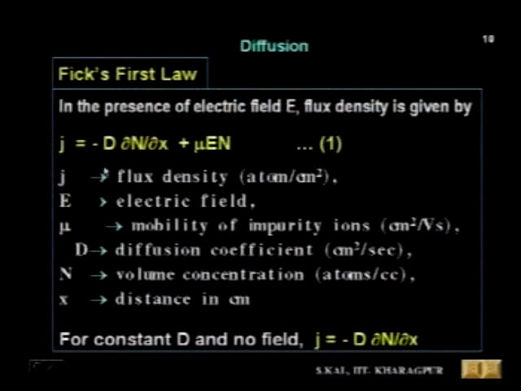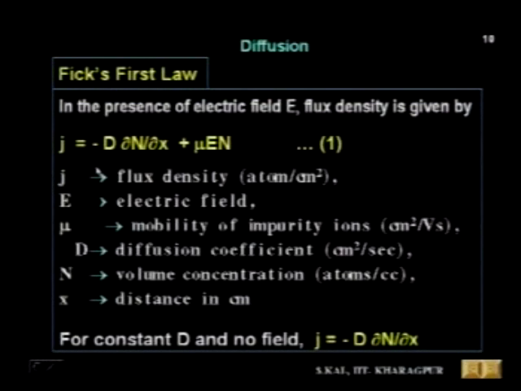But for simplified analysis, we can assume that D is concentration independent, and we have taken it out of the differential. So if D is constant, and in the absence of the electric field E, this equation reduces to J equal to minus D del n del x. Now why is the minus given? Because if you increase x, concentration reduces, because it moves from the high concentration to the low concentration region. So with x, n reduces. N is the dopant atom concentration, the volume concentration of dopant atoms, which is atoms per cc.